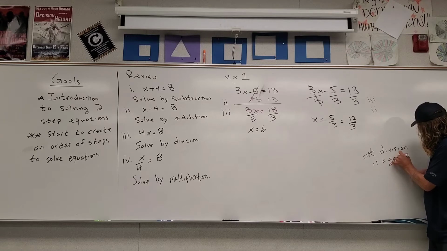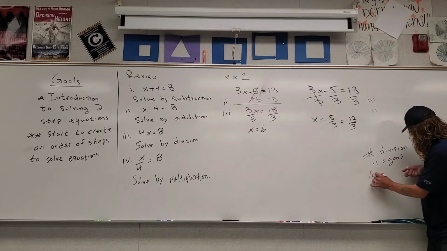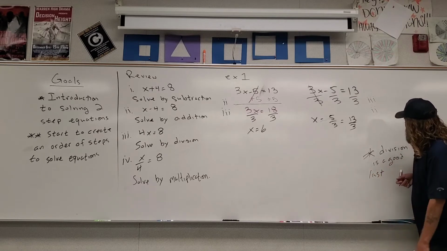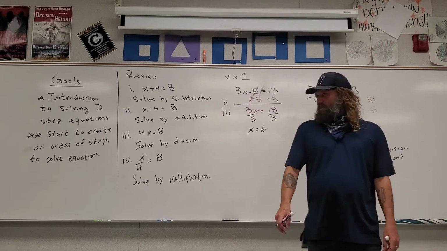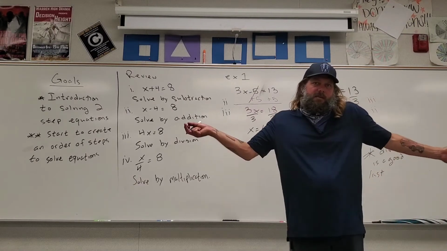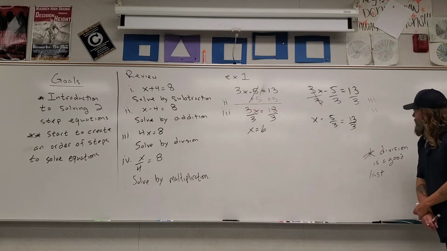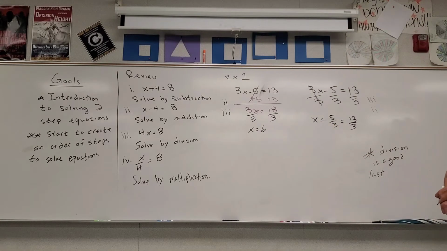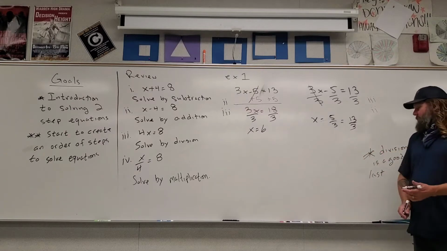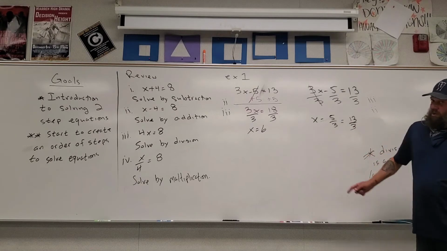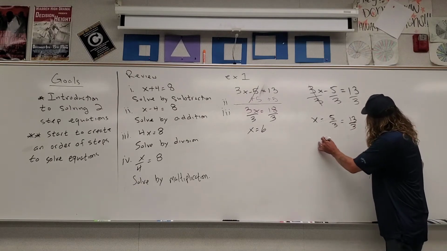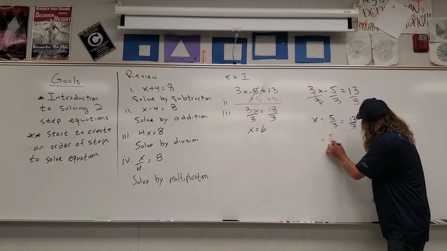The other reason why division is a good last step is if you do it last and it creates a fraction as an answer, that's fine. That's your answer. It's a fraction. But if we do division at the beginning, we could be creating fractions. Now, we would actually get the same answer if I added 5/3 to both sides.